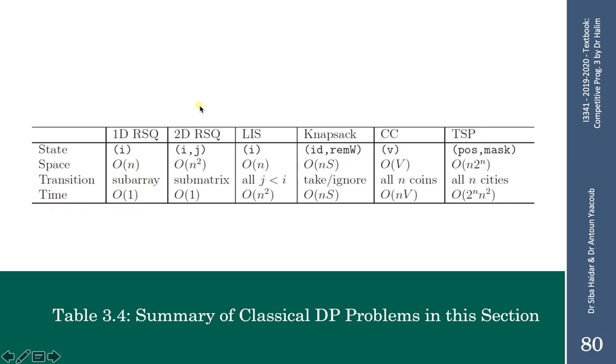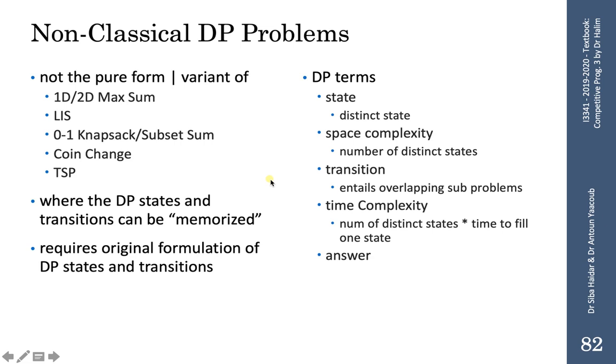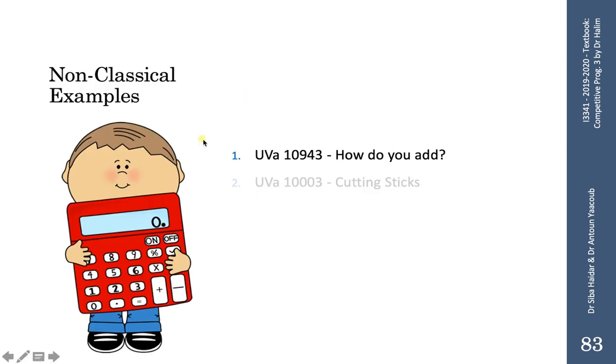That would be range sum query, then the longest increasing subsequence, the knapsack, the coin change, and finally the TSP. Next, we will see two non-classical examples, which are the how do you add and the cutting stick problems.